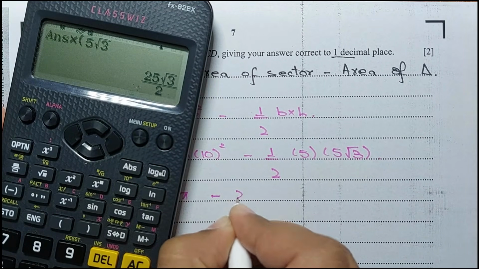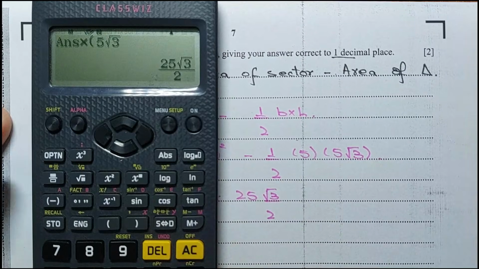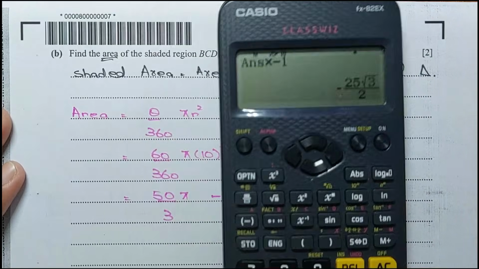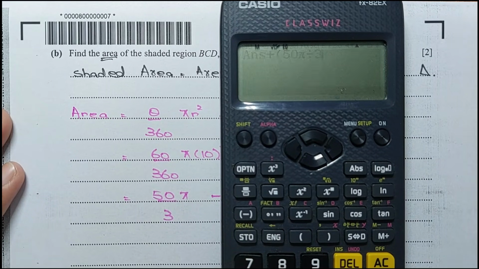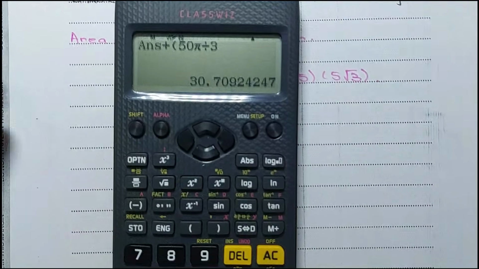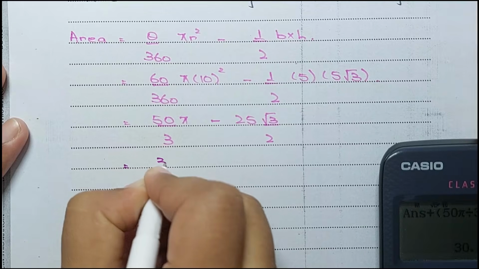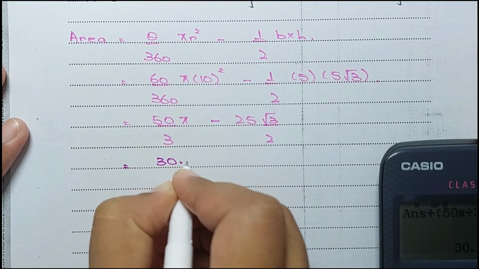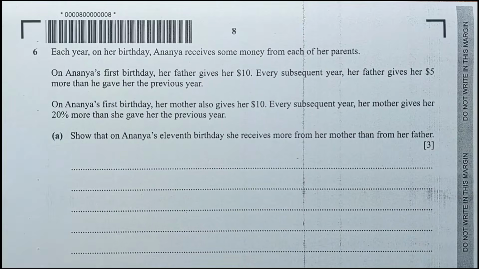This is negative 25 root 3 over 2. So times it by minus 1 and add 50 pi over 3. 30.7 up to 1 decimal place. Yes, so this answer is 30.7 centimeter square.